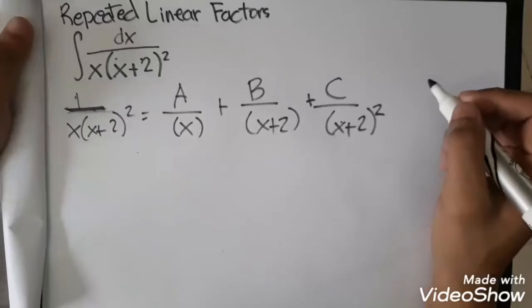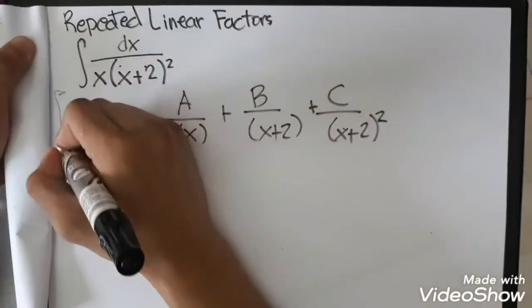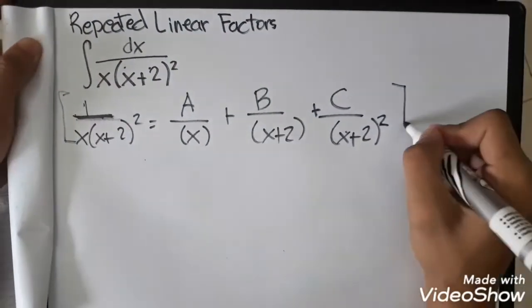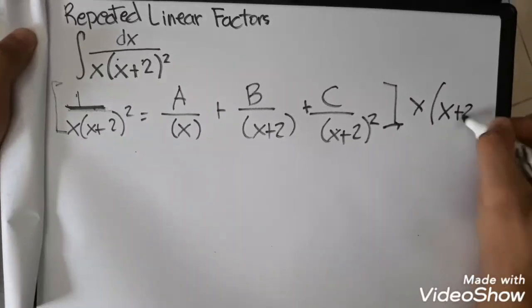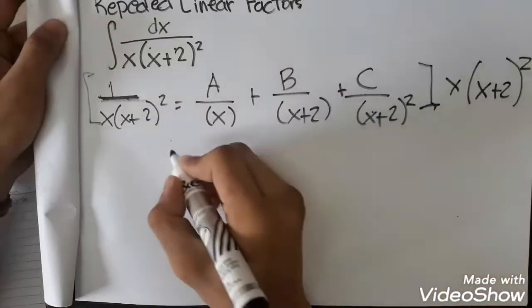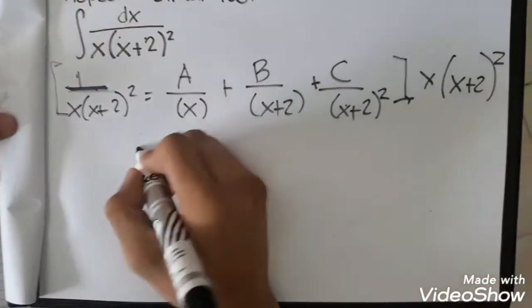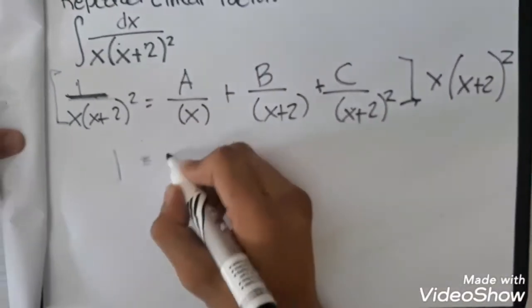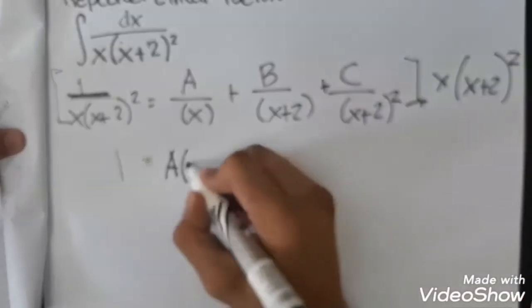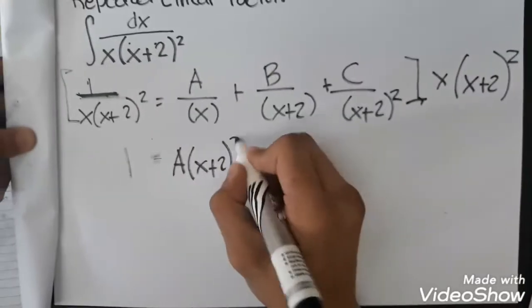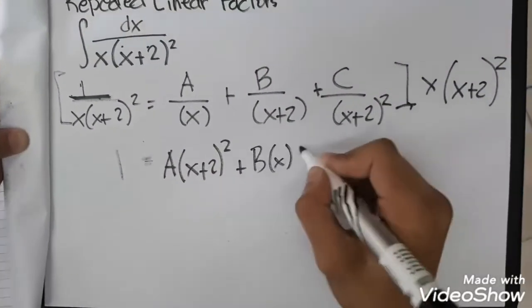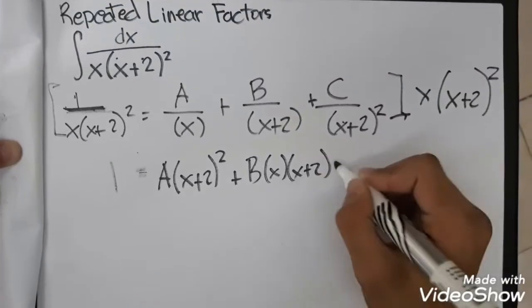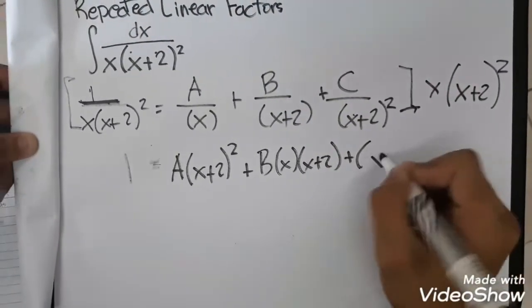After making it into this form, we will multiply by the denominator so that we can cancel out the other factors, which will give us 1 equals a times (x plus 2) squared plus b times (x plus 2) plus cx.